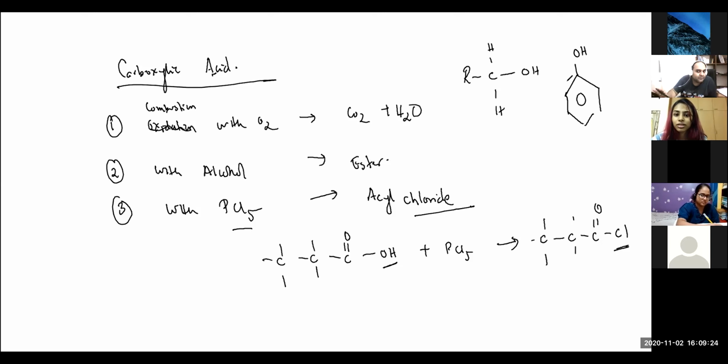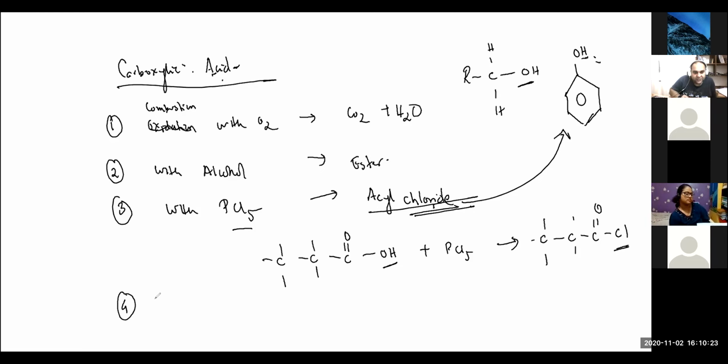You don't need it for AS, but the reason I'm teaching it is that alcohol would react with carboxylic acid, but phenol does not react with carboxylic acid. So to make phenol react, first we convert carboxylic acid into an acyl chloride, and then we can react it with phenol. Phenol reacts with an acyl chloride, but not a carboxylic acid. So if you need to make a carboxylic acid more reactive, you can convert it into an acyl chloride.